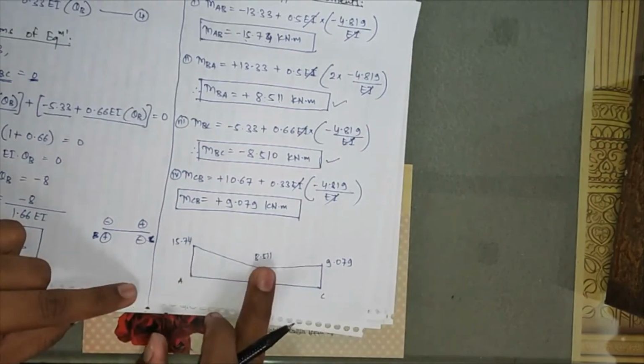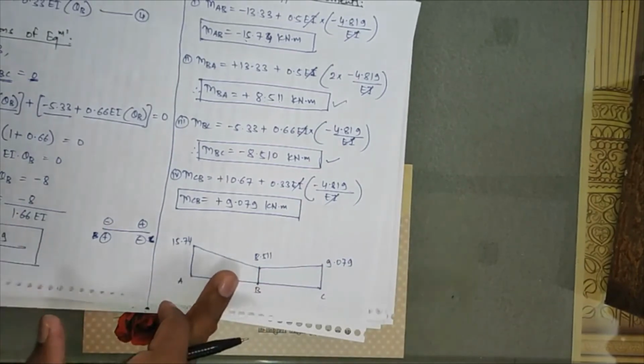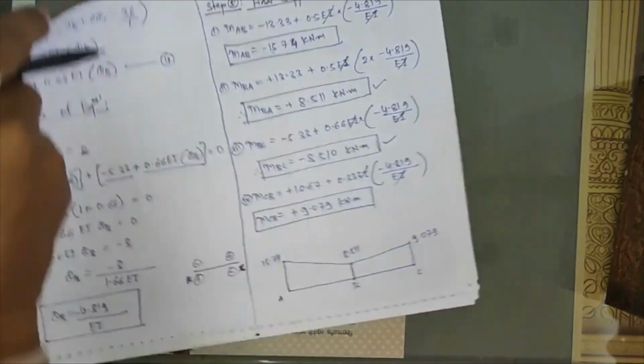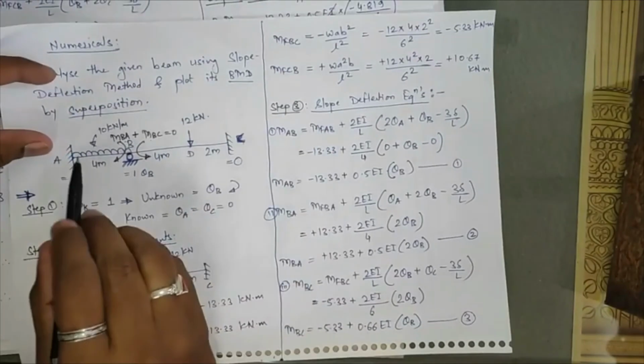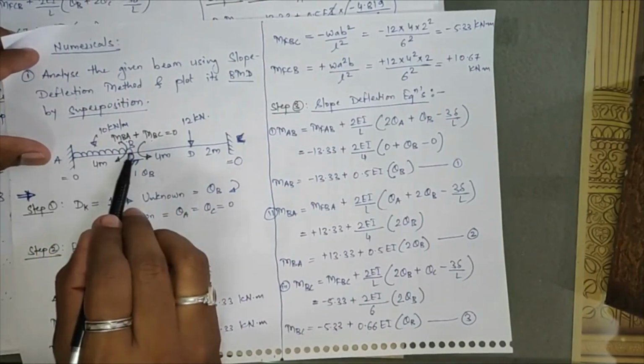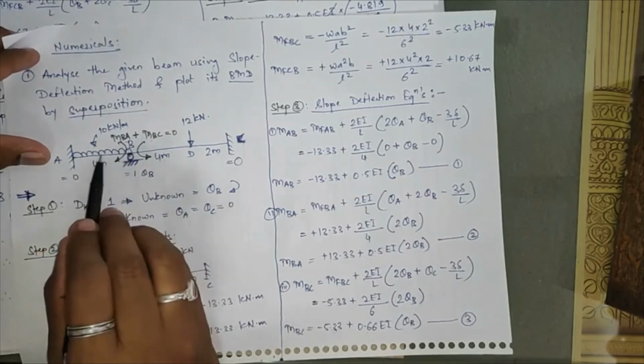Now you have to superimpose the span moment on this. In span AB, UDL is acting completely. So the maximum span moment in member AB will be acting at the center.